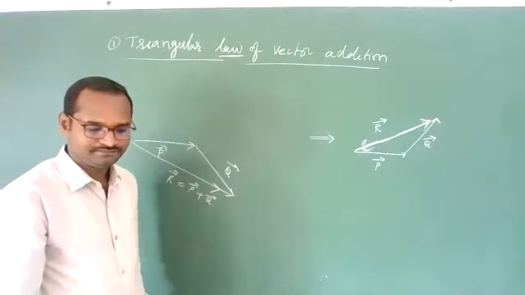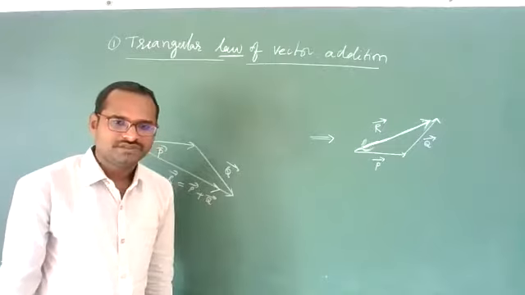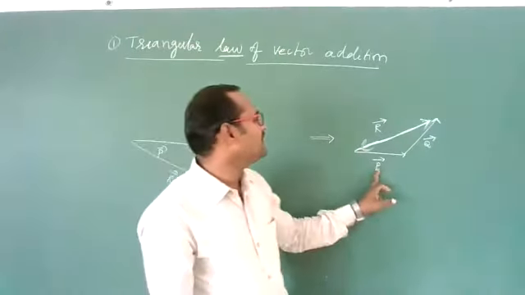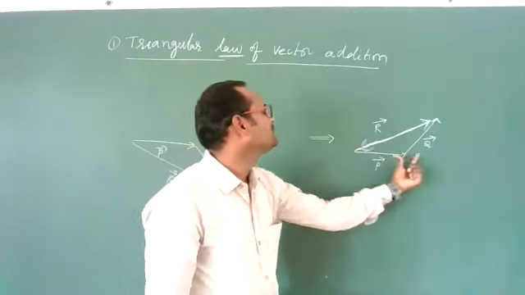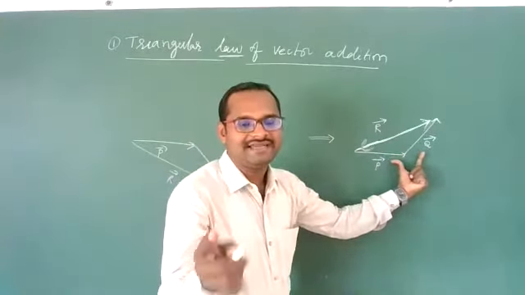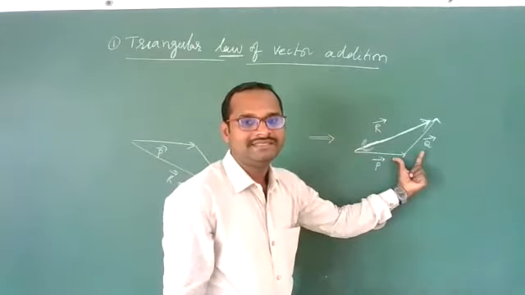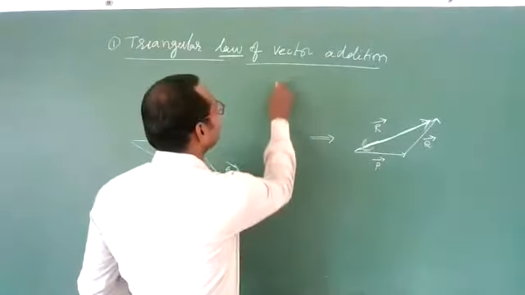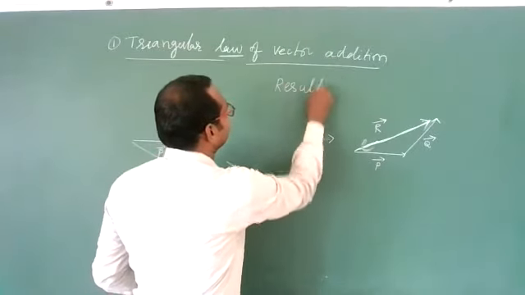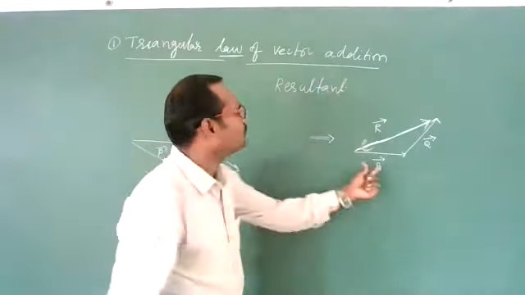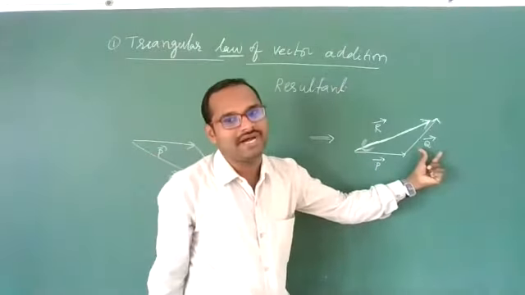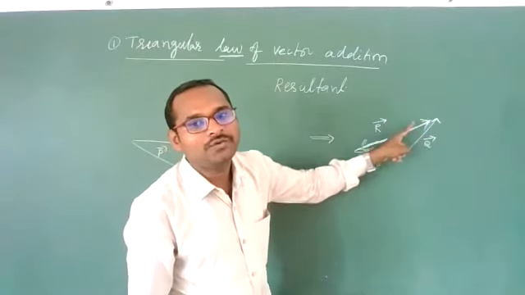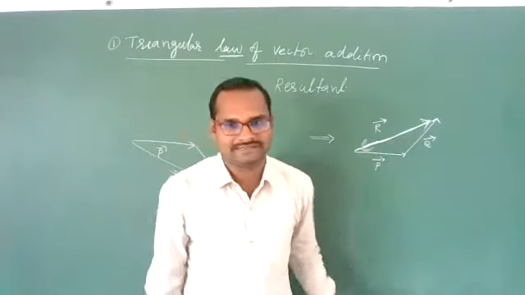So how to state this statement? If two vectors P bar and Q bar represent two sides of a triangle taken in one particular order, then the resultant of these two vectors can be given by the closing side of a triangle taken in opposite order to the first two vectors.